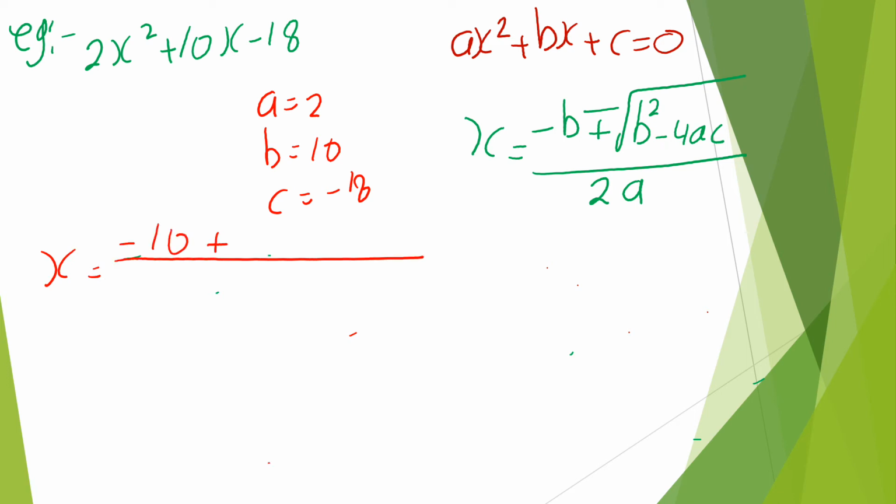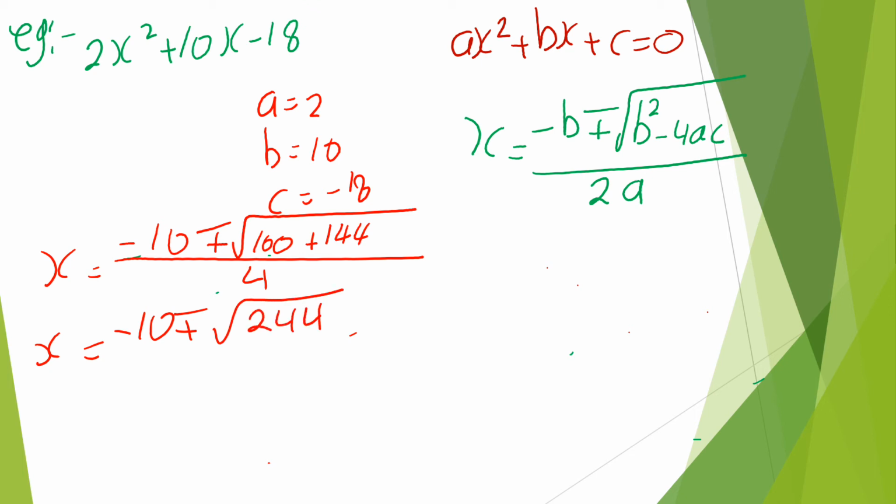Negative 10 plus or minus the square root of b squared, which is 100, minus 4 times 2, which is 8, times negative 18, which gives positive 144, over 2 times a, which is 4. Okay, and now you're going to work it out. So we've got negative 10 plus or minus the square root of 100 plus 144, over 4.